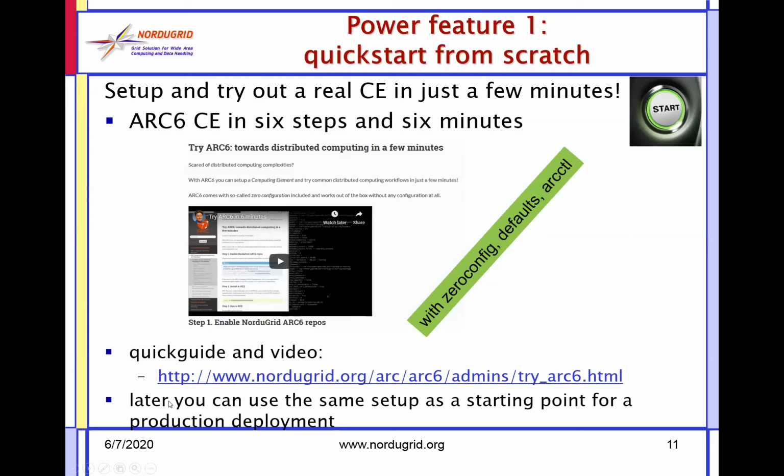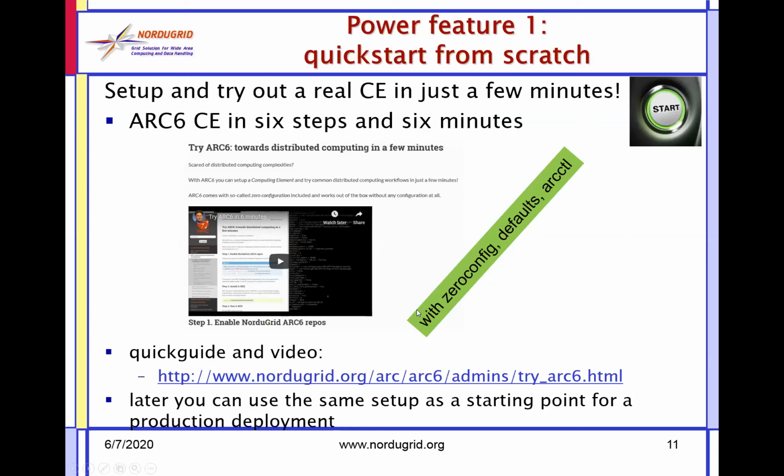But it doesn't stop there. If you want to turn this temporary installation into a production setup, you can do it, starting from the same configuration. From a zero configuration, where all the defaults are used, you can easily go over to a production configuration setup.